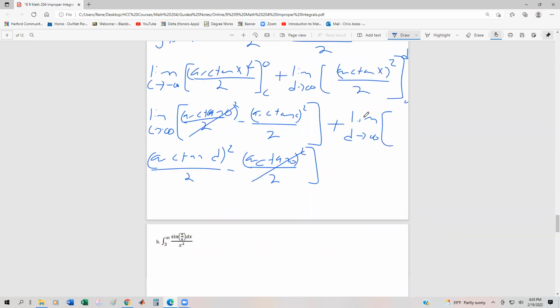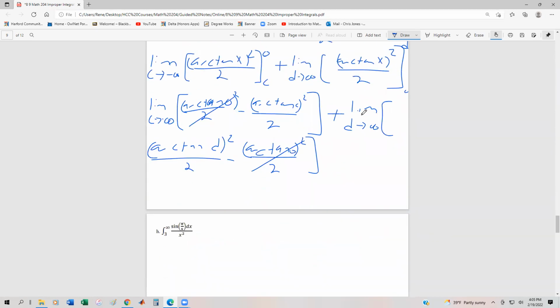So what we know is that the limit as c approaches negative infinity of the arctangent is going to be negative pi halves. And then also as it approaches infinity, it's going to be pi halves. And that's from our graphs. So if we look at our graphs, we can figure that out.